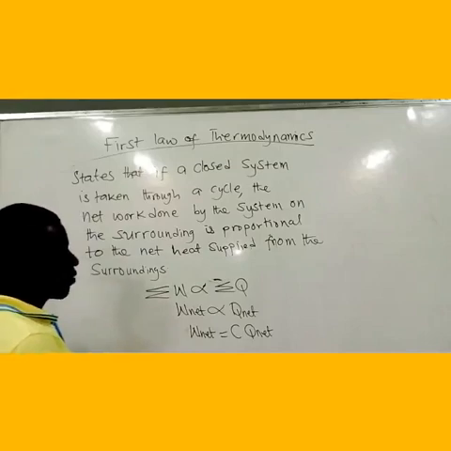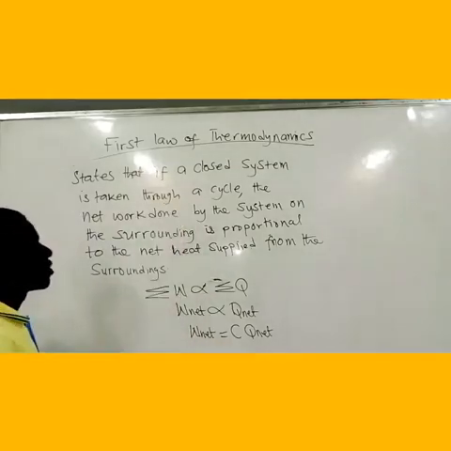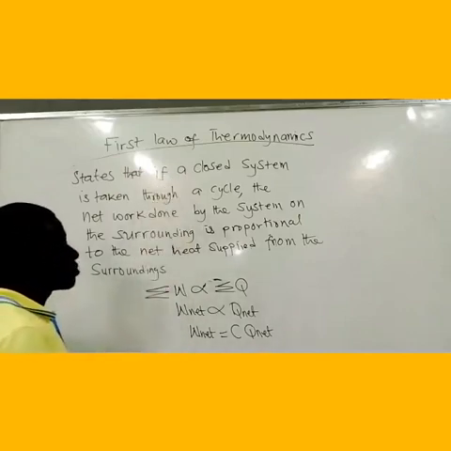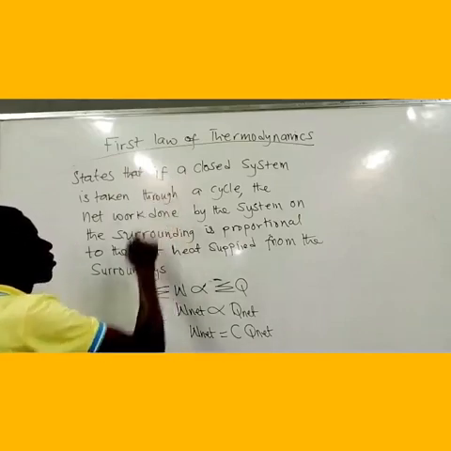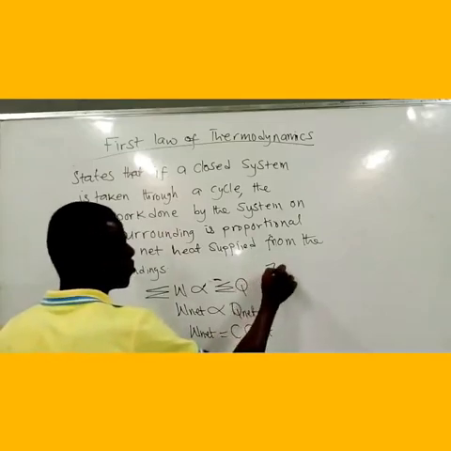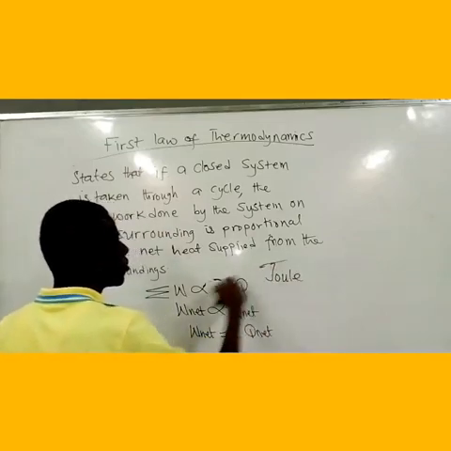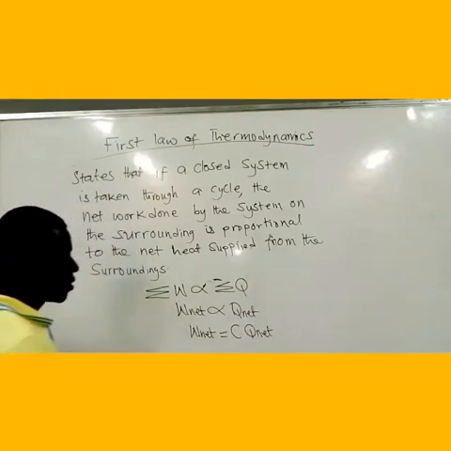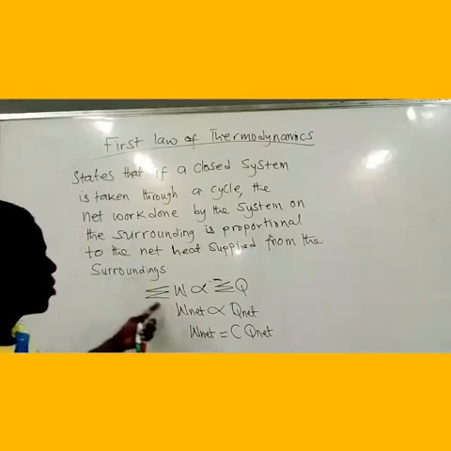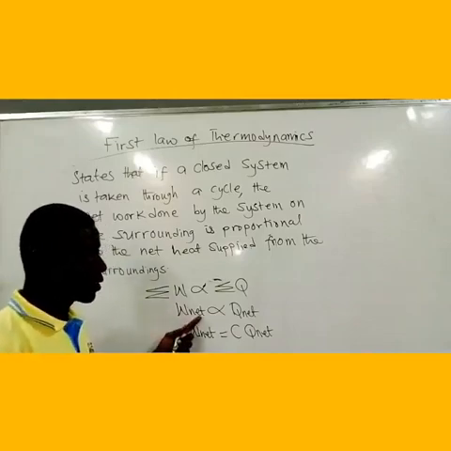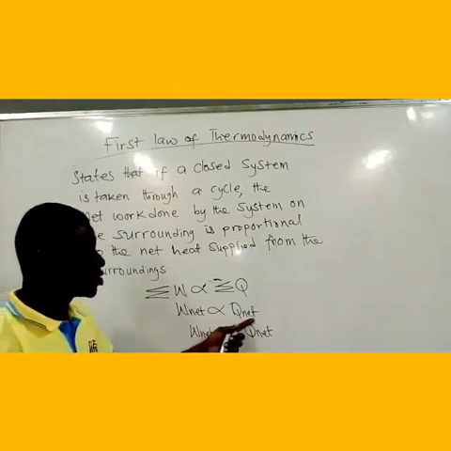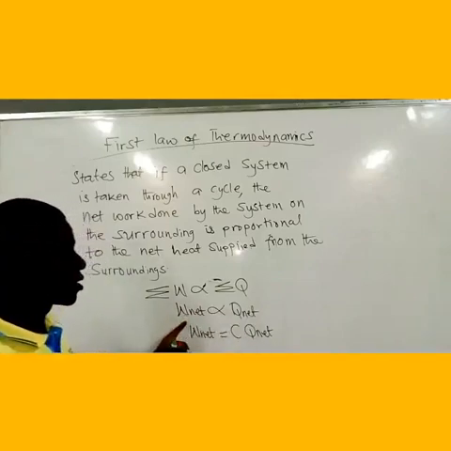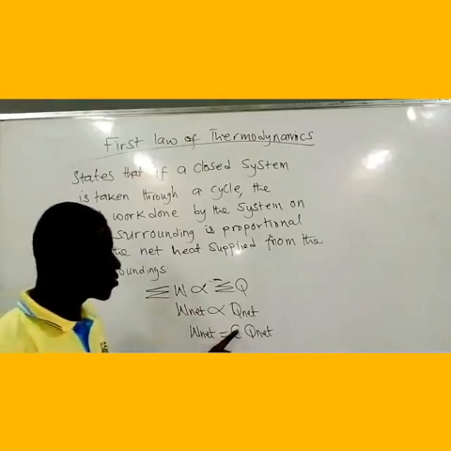So now this definition is from the experiment conducted by Joule. Okay, so according to Joule, the summation of work is directly proportional to the summation of heat, which means that we supply heat to do the work. And here we have the constant of proportionality.